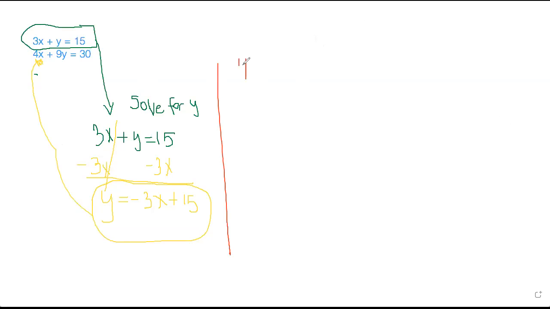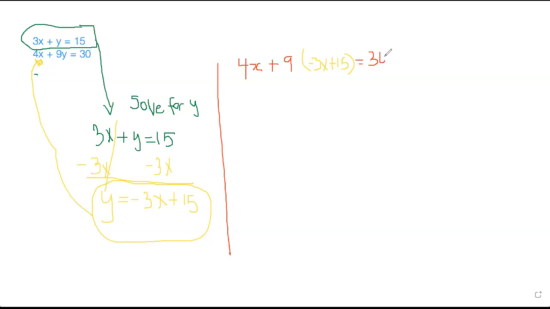So you have 4x plus 9, but instead of putting y, you're putting negative 3x plus 15, equals 30.